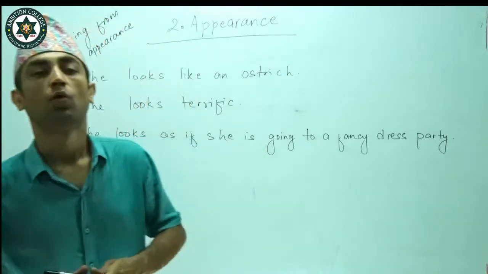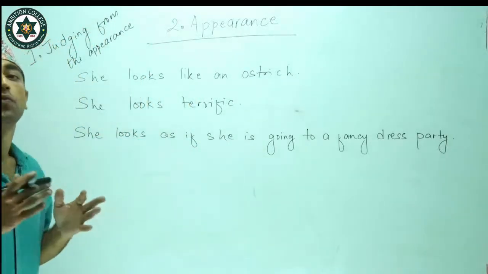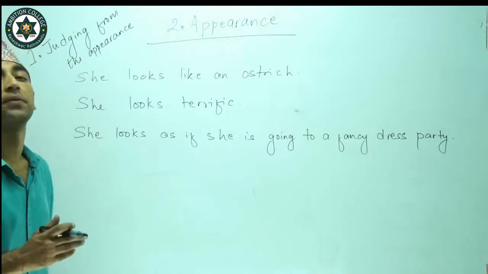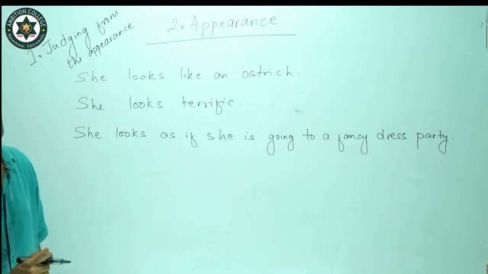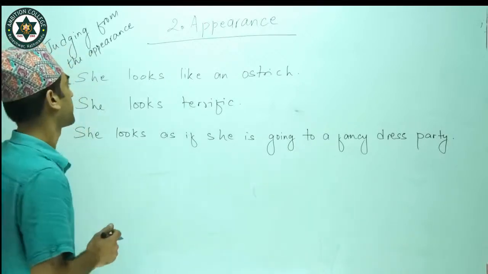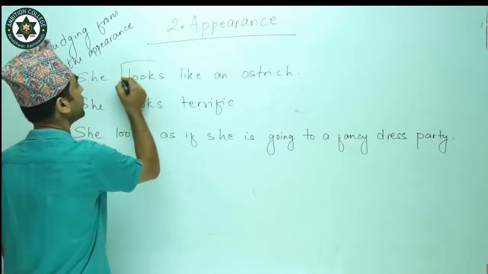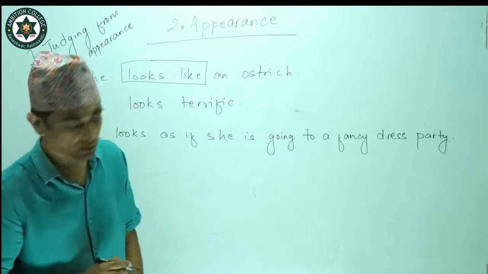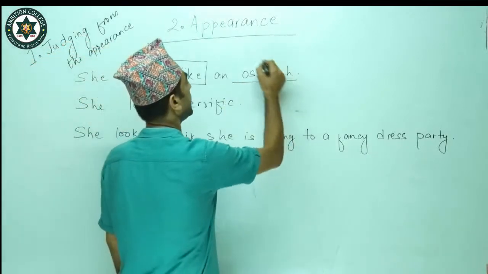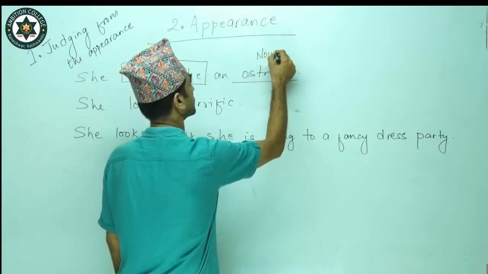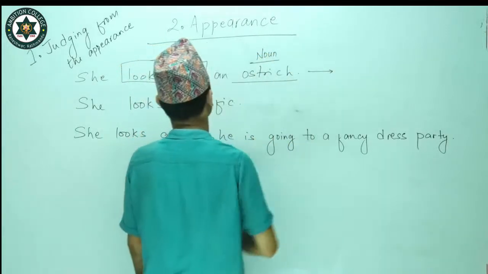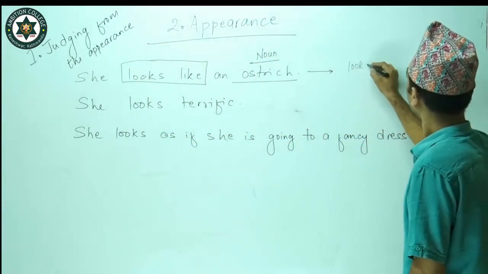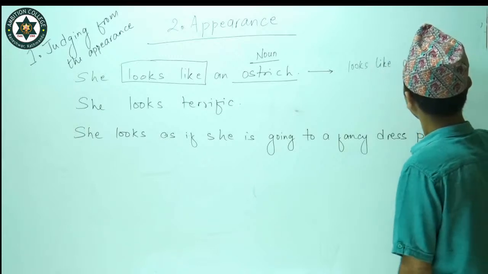So now, while we are judging from the appearance, we have three different ways of representation. The first way is using looks like. With looks like, we use the noun. For example, looks like an arrow.